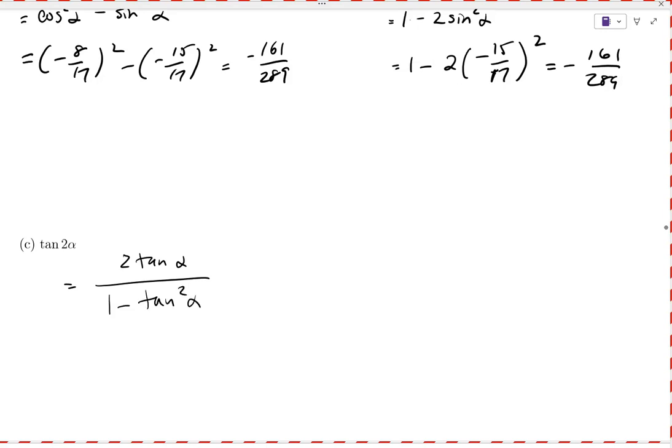Good. Yep. The top is 2 tangent alpha. The bottom is 1 minus tangent squared alpha. And in this problem, tangent of alpha is equal to what? 15 over 8. Good. Yep.